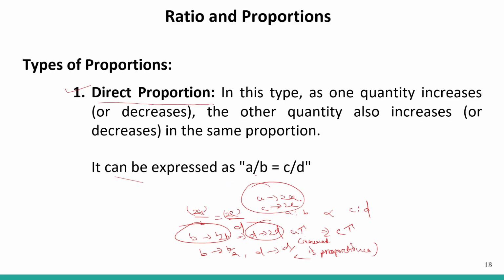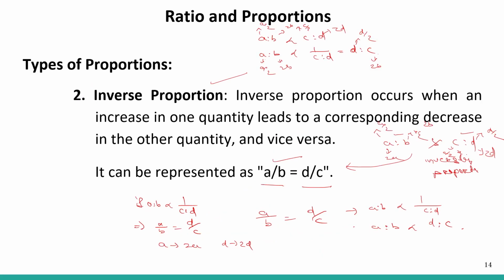Direct proportion was nothing but, if A is to B is equal to C is to D, that is A by B is equal to C by D, then we say that A is to B is directly proportional to C is to D. So what is inverse proportion? A is to B is equal to D by C, and then it will be called A is to B is inversely proportional to C by D. In direct proportion, if A increases by 2x speed, then C increases with 2x speed.